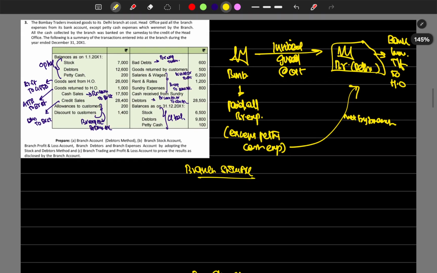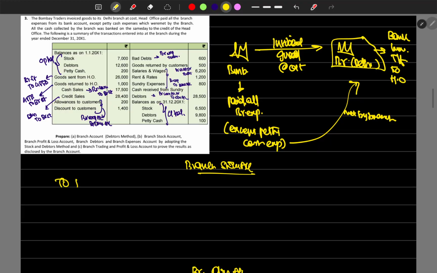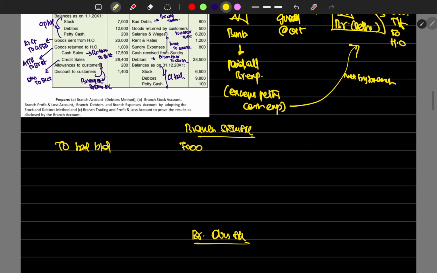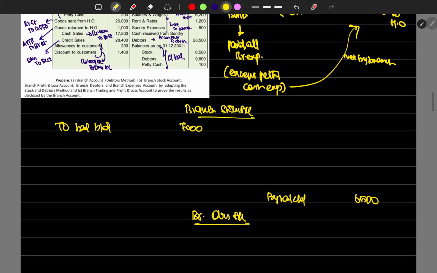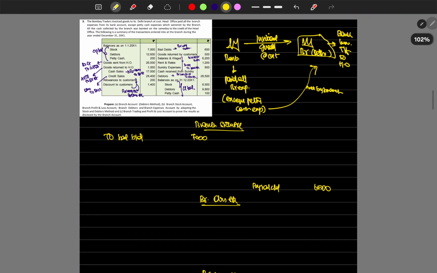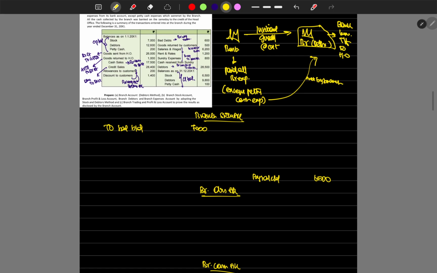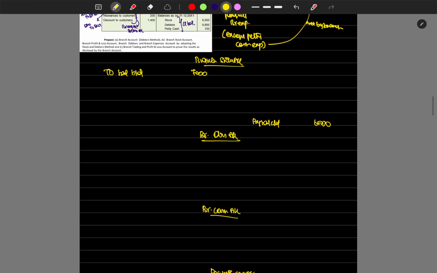Because of the balances given, what are the opening balances given? To balance brought down, which is 7,000. What's the closing balance? By balance carried down, 6,500. Just fill in the opening balance and closing balance entries. Debtors 12,600, 9,800.